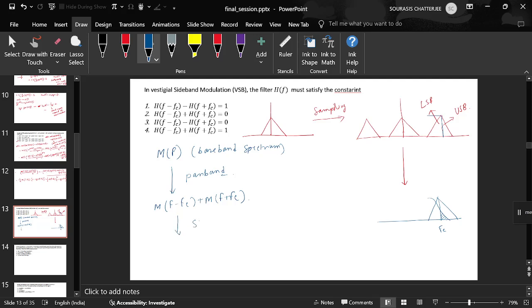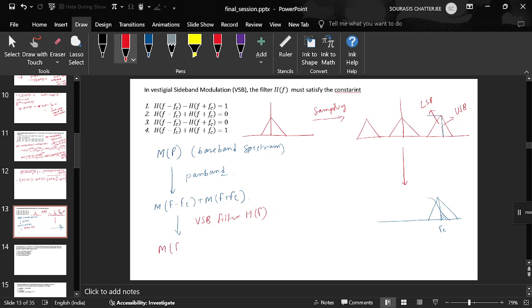Then comes your vestigial sideband modulation filter, H(f). You convolve in the time domain. Convolution in the time domain is simple multiplication in the frequency domain.